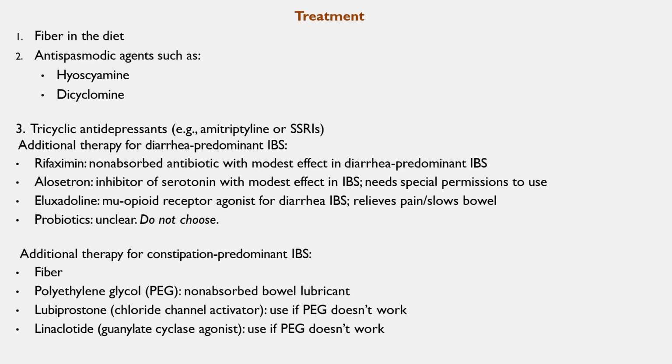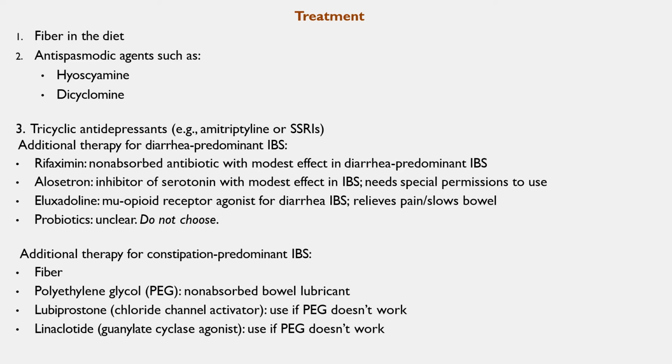Next, we need to talk about additional therapy for constipation predominant IBS. In this case, number one, we can use fiber. Number two, we can use PEG, which is polyethylene glycol, a non-absorbent bowel lubricant. Also, number three, lubiprostone, which is a chloride channel activator.